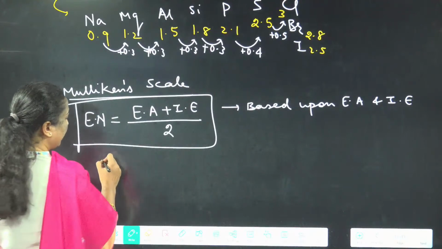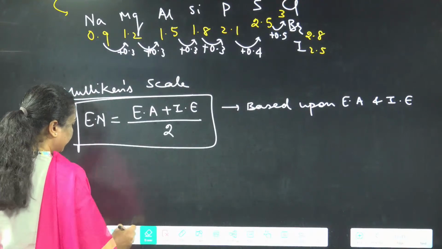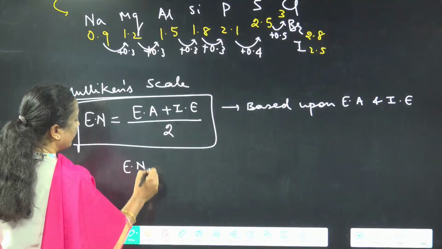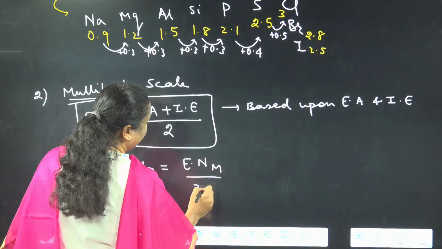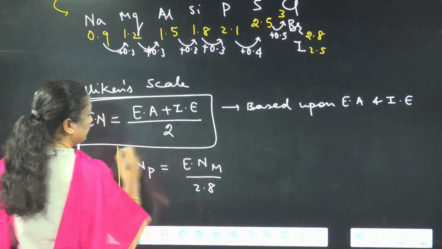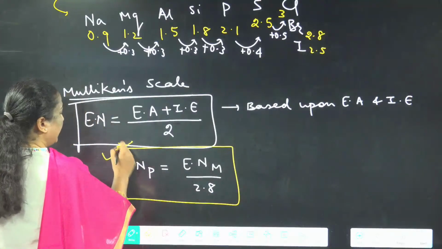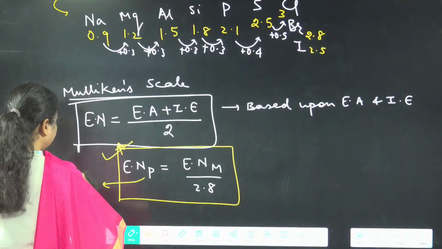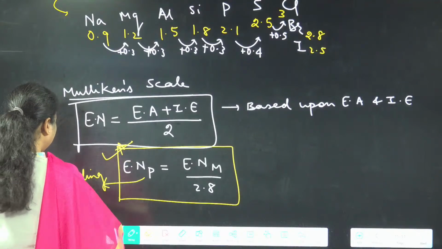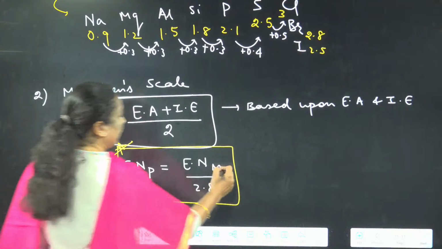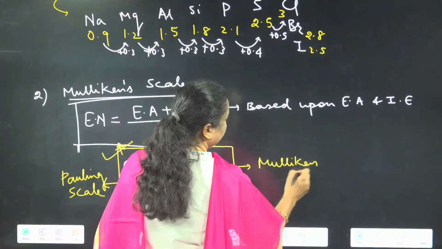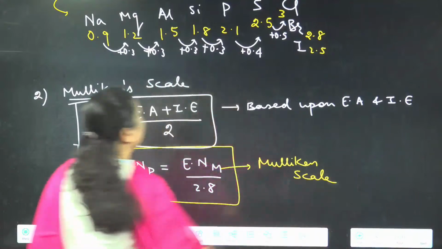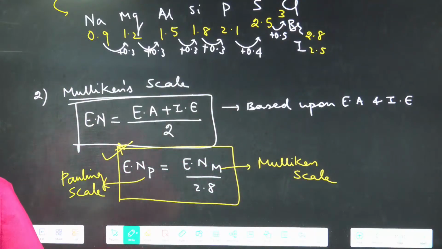And you must remember that the electronegativity on the Pauling scale is equal to the electronegativity on the Mulliken scale divided by 2.8. P stands for the Pauling scale and M stands for the Mulliken scale. Right? So make sure you are writing this.